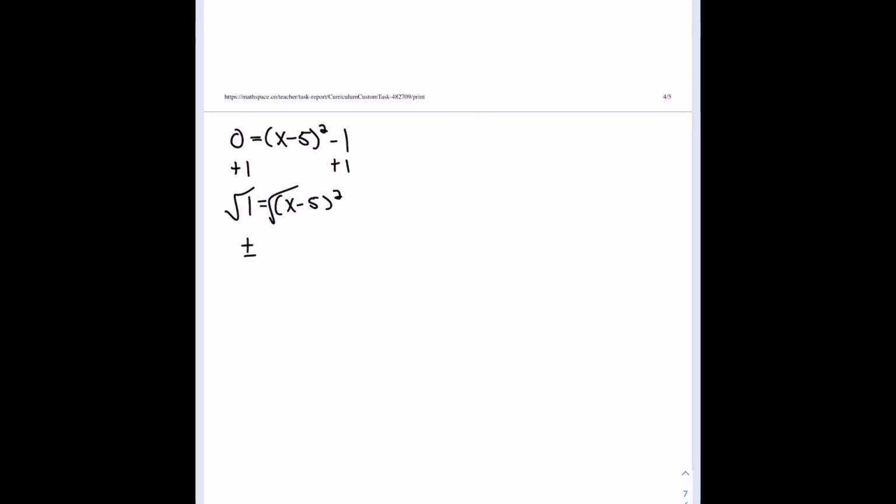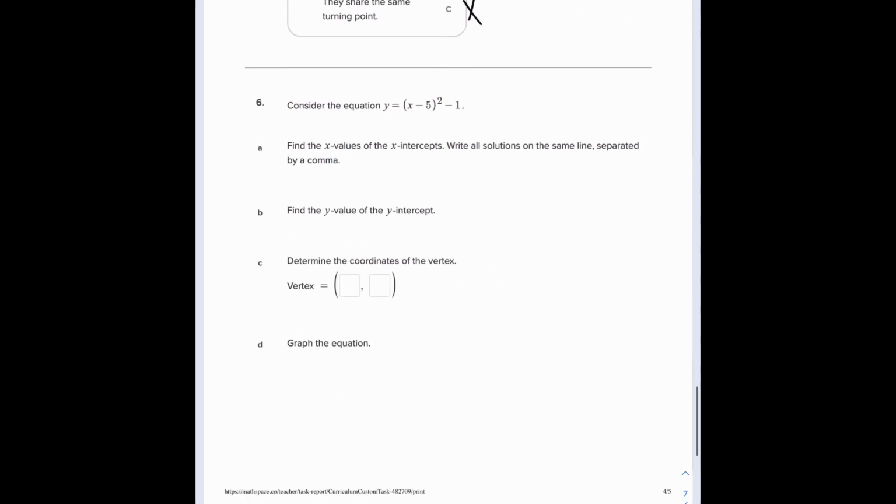Remember, we get a plus or minus. And we get an x minus 5. So x equals +1 plus 5, and x equals -1 plus 5. So x equals 6 and x equals 4. So x equals 4, 6. That's the answer to A.